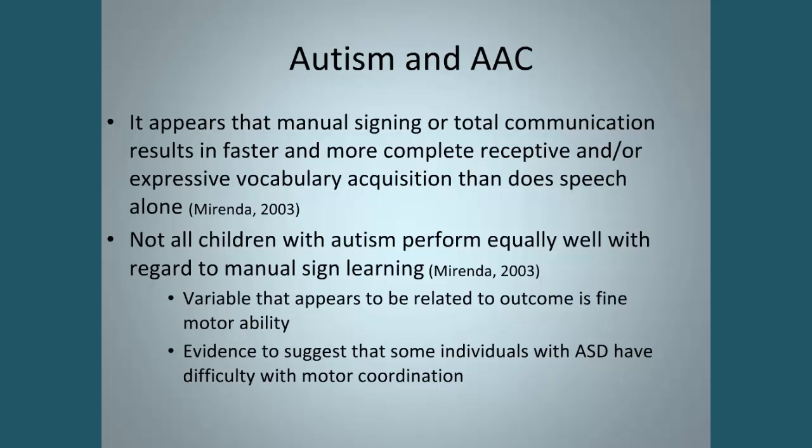Maybe not in just going to climb up on top of a table or something like that, but volitional motor planning, and that's what sign language is. There's evidence to suggest that some individuals with ASD have a lot of difficulty with motor coordination. The other thing with AAC and sign language is children with autism do not grow up in a deaf community, so who are they going to speak with?